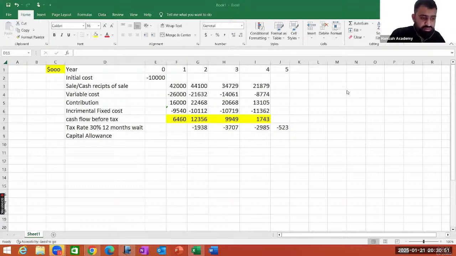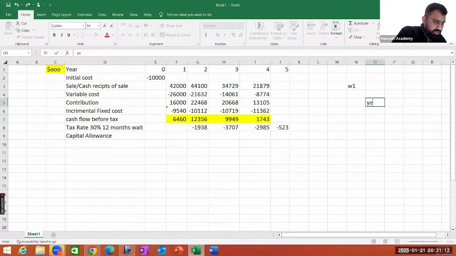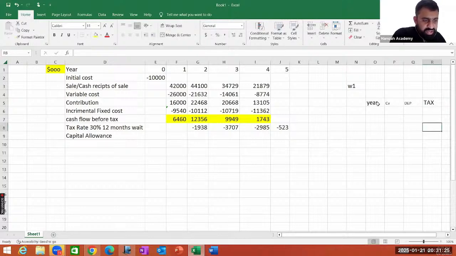And for the calculation of capital allowance, information again will be provided in a question. That, for example, the tax authority is giving us capital allowance at 25% reducing balance method. Now, for that purpose, we make a working which is year, then the carrying value, then the depreciation, and then the tax impact on that depreciation.